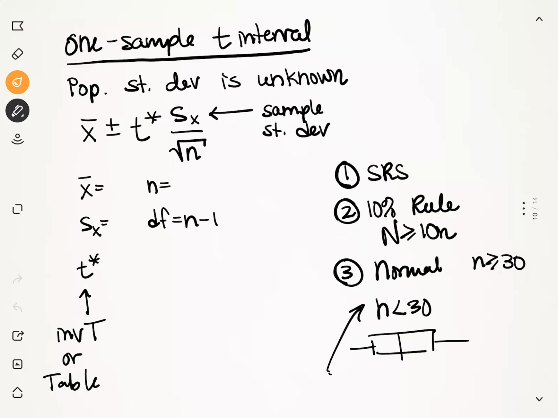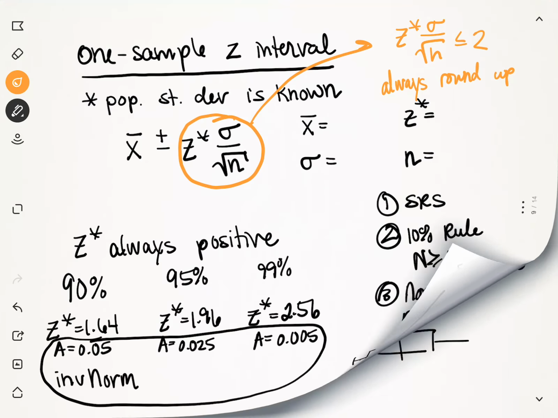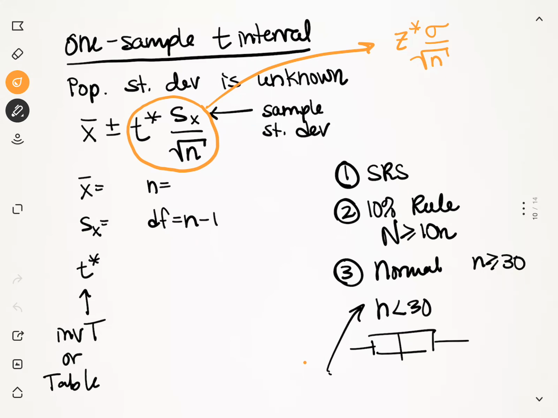If it's a t interval and I'm asking you to find the sample size to achieve a certain margin of error, what you do is you actually have to use a z interval. You solve it just like this last problem, but sometimes we'll input this value as the sample standard deviation.